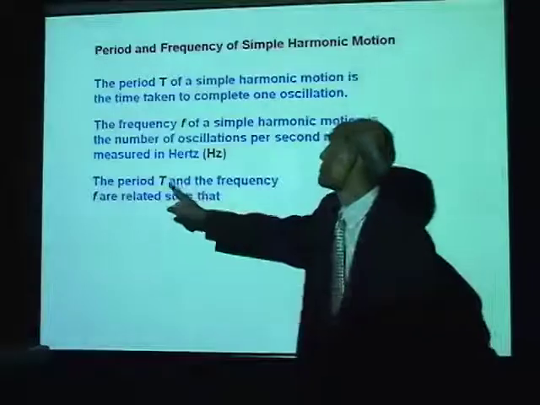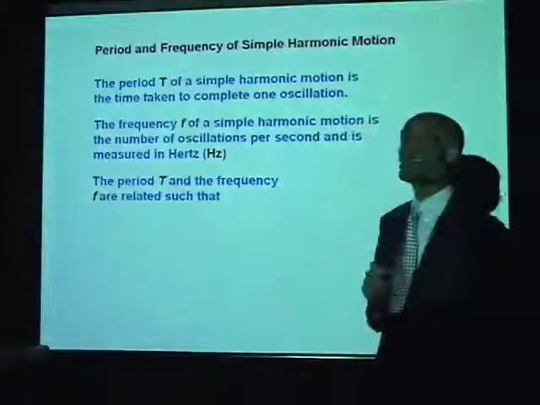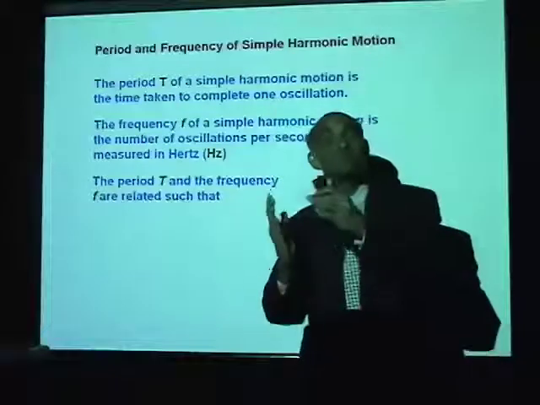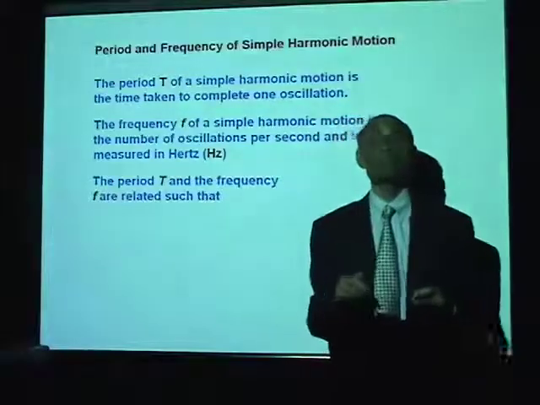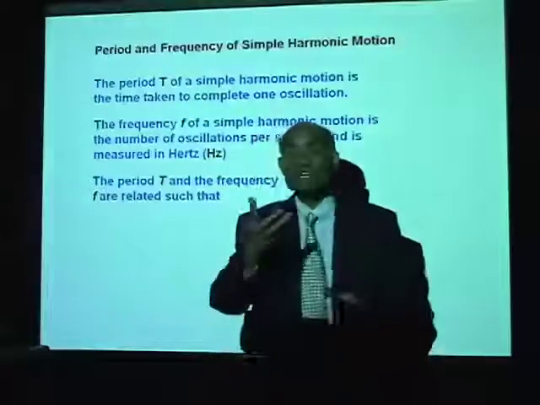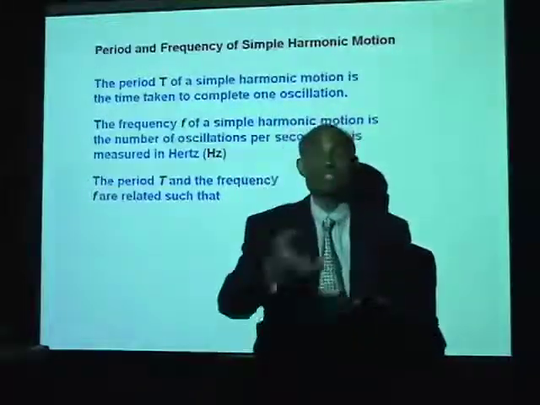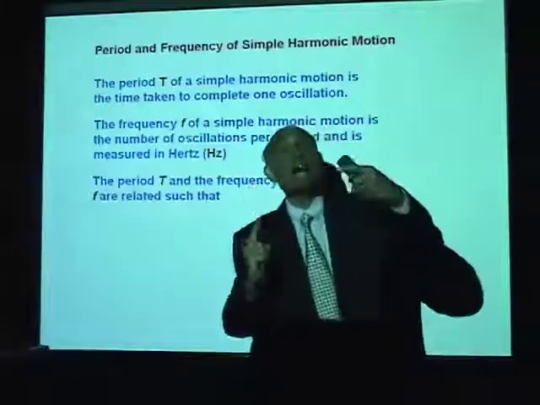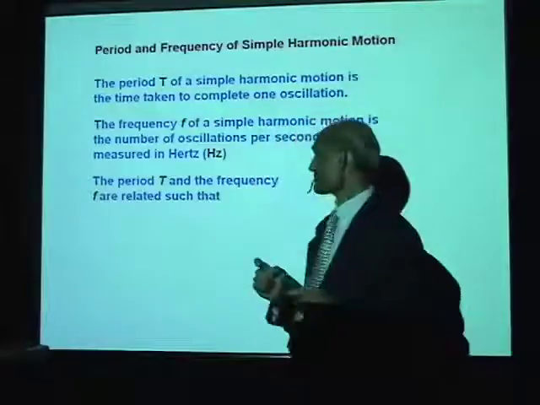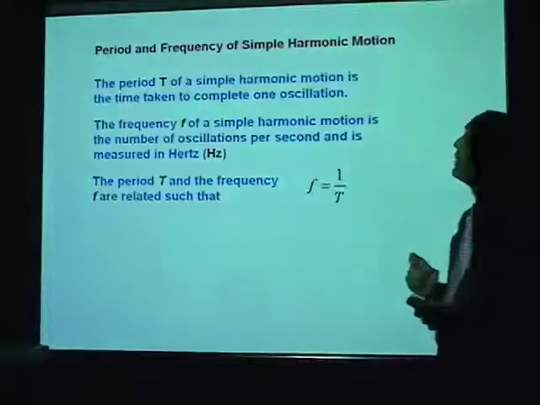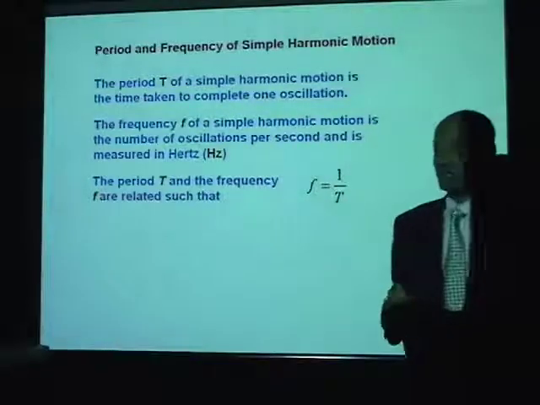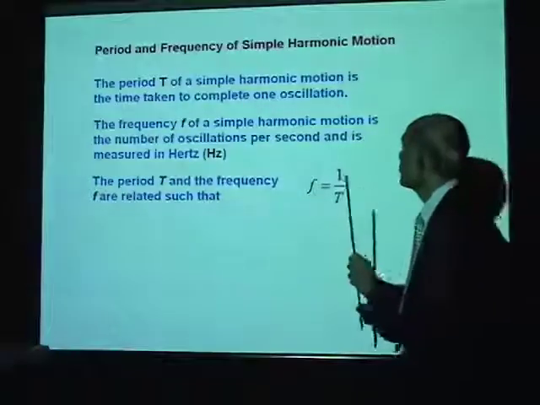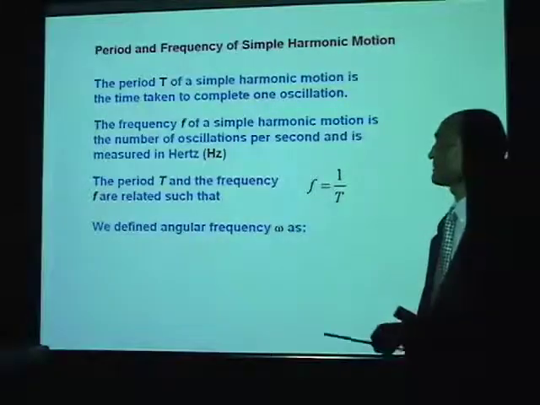You can see period T and frequency f are related such that one is the reciprocal of the other. If the frequency is 2 Hertz, 2 times a second, that means the period will be half of a second. So f equals 1 over the period. That is an important relation. Frequency is 1 over the period.